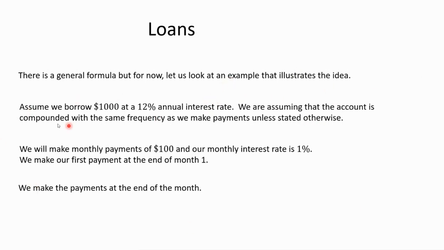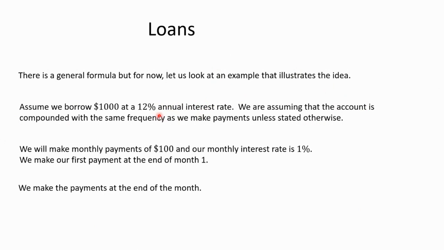As I have here, this is one kind of example. We can borrow, let's say, $1,000 at a 12% annual interest rate. So this is the APR. And just like before, we're going to assume the loan balance is compounded with the same frequency as we make payments.